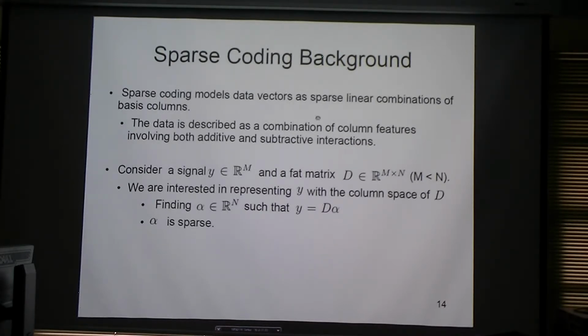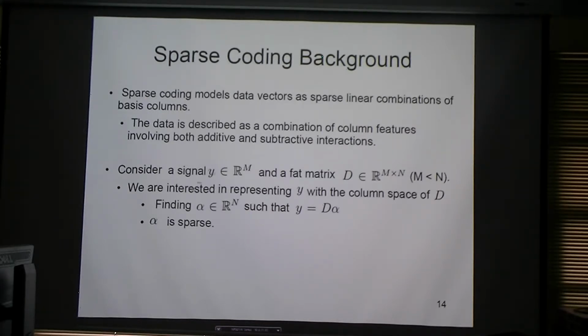Now it is time to explain a little about the background of sparse coding. Sparse coding models data vectors as a sparse linear combination of basis columns, and the data is described as a combination of the column vector features that involves both additive or subtractive interactions.